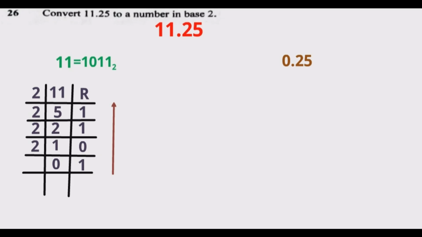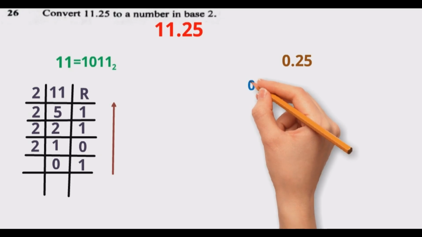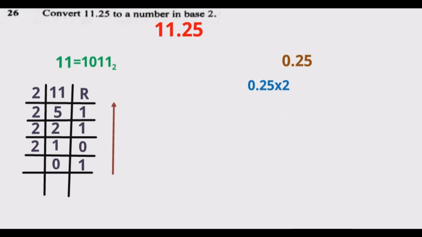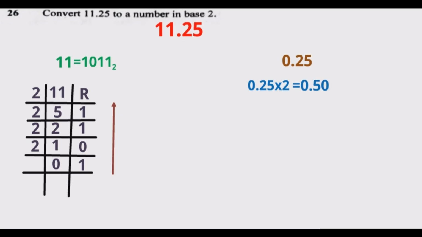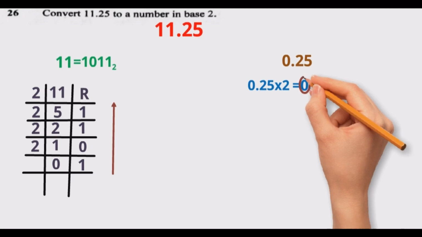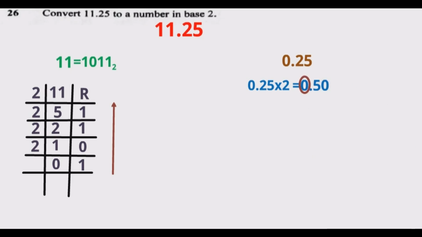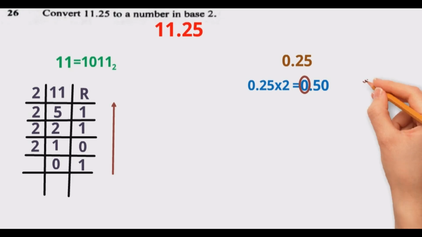Okay, so what I'm going to do is I'm going to get 0.25 times 2, which will give me 0.50. Now, once I've multiplied this, I'm going to get this 0, the one I've put in a red circle there. This 0, which is the whole number part, I'm going to write it here.